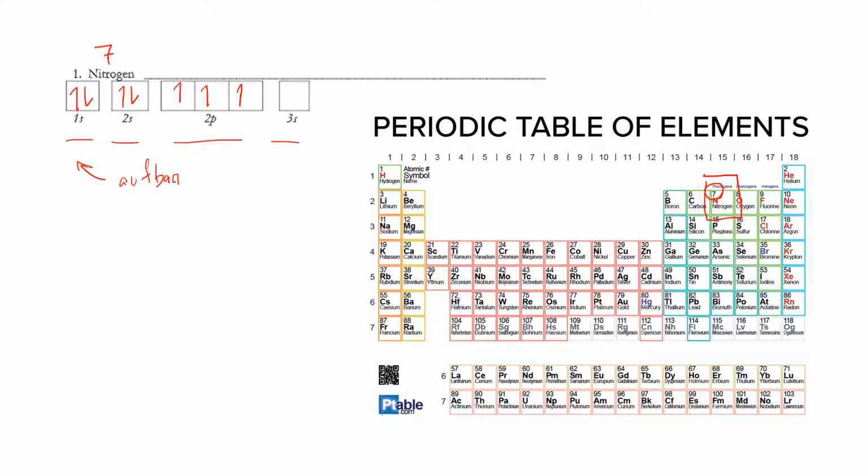Aufbau's rule says you start with the lowest energy level. Number two, notice that when I filled up my 2p, I put unpaired arrows first before I started to pair them up. That's called Hund's rule. And lastly, notice that within one little orbital, they get opposite spins when you fill it up. This is Pauli's exclusion principle.